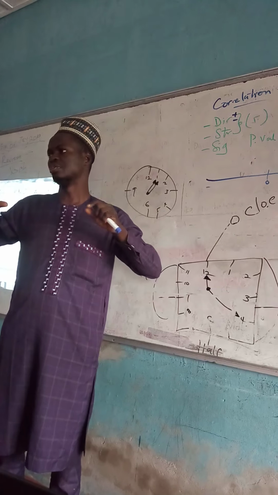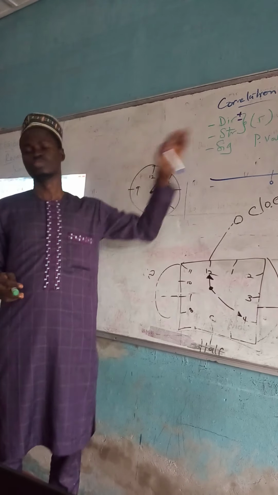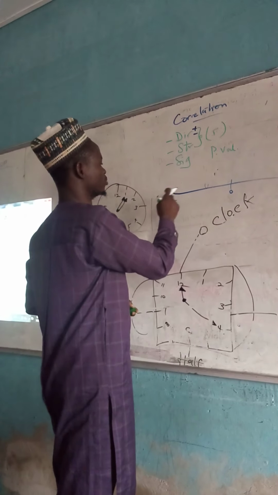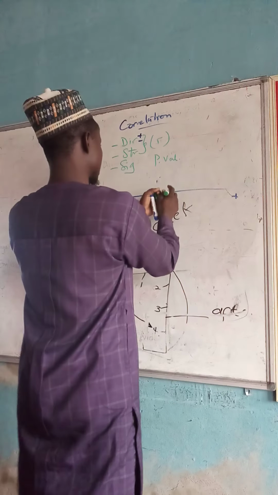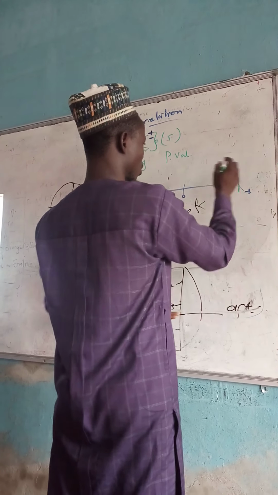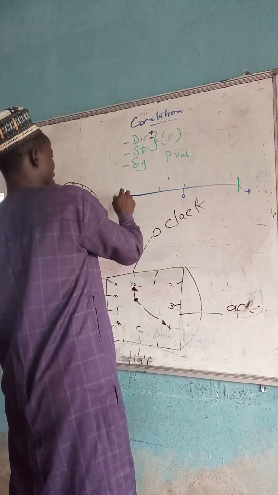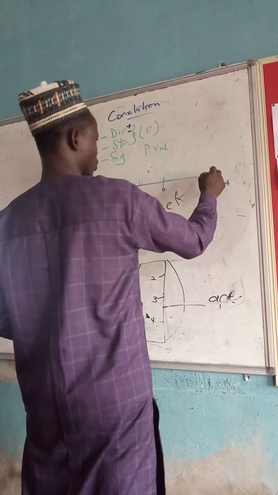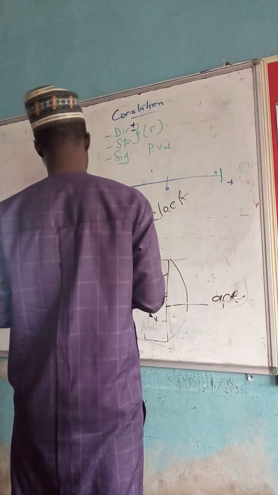So we have a value of relationship ranging from this end, this is 0, then this end positive, we have +1, and this end we have -1.